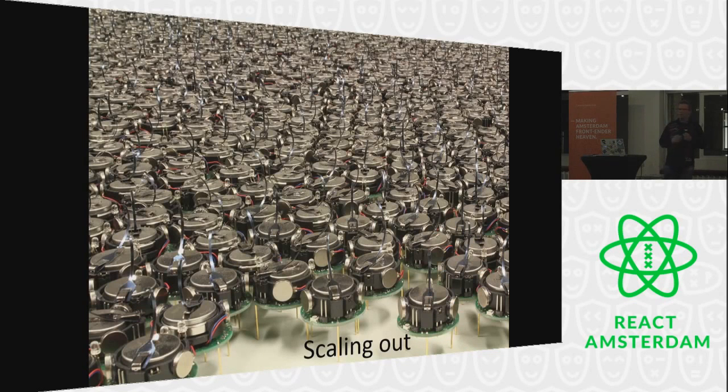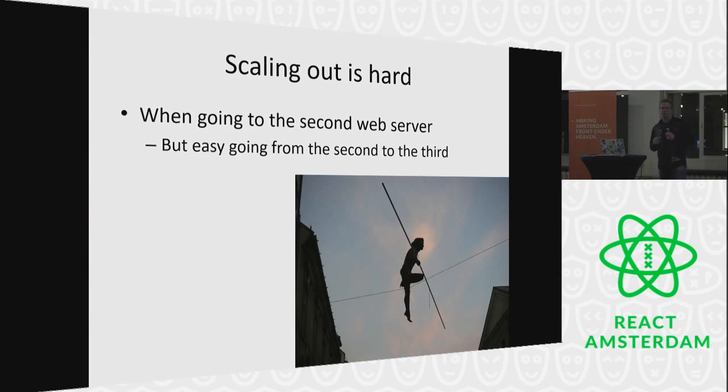Scaling is also an interesting thing. Scaling out in this case. Because basically there are two options when it comes to scaling. You can scale out, get more machines, or you can scale up, get a bigger machine.